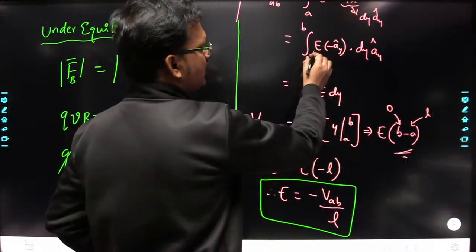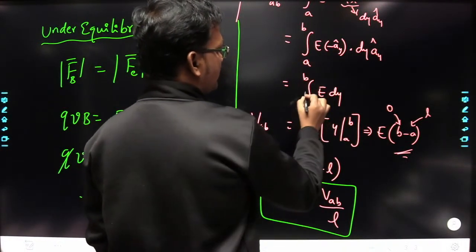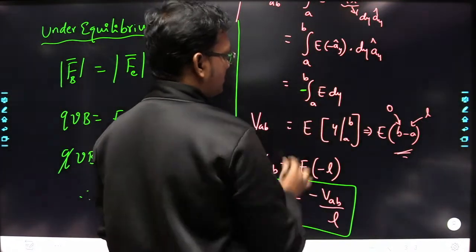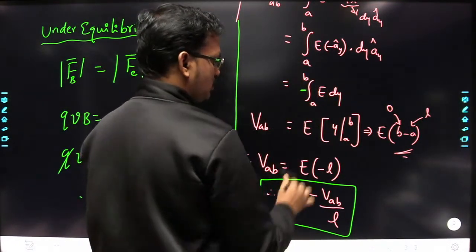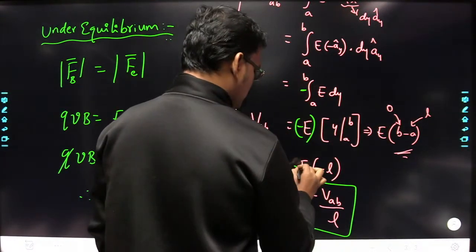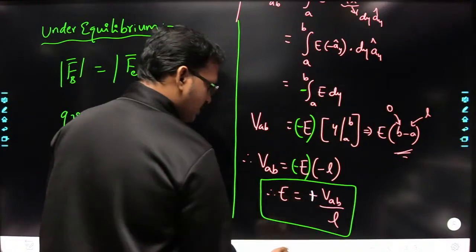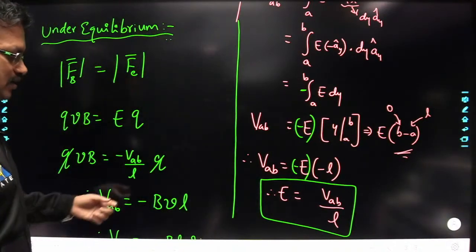Here you have E minus ay cap dot dy ay cap, so you are going to get a minus. I forgot this minus here. So you will get minus E, and minus E into minus L, you will get plus VAB by L.